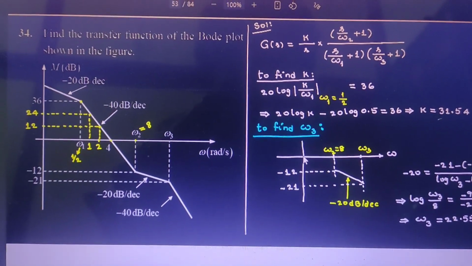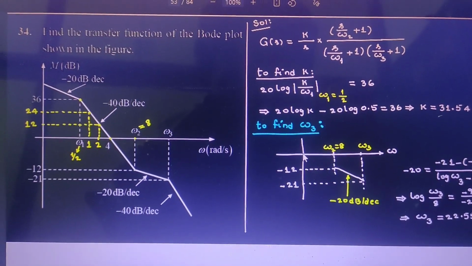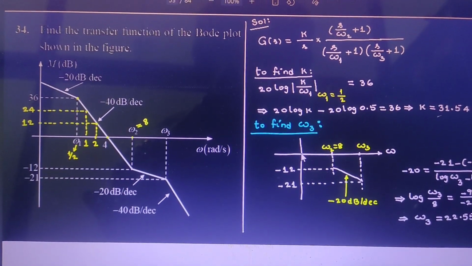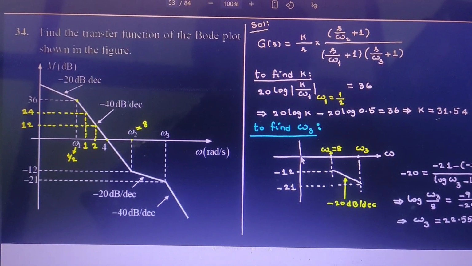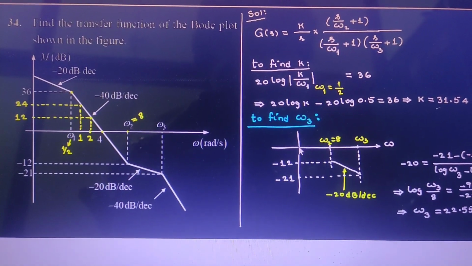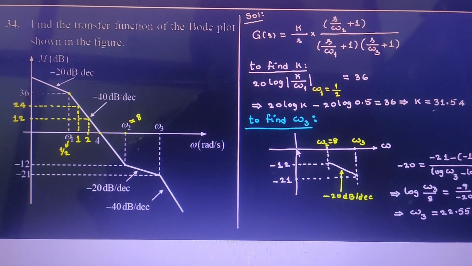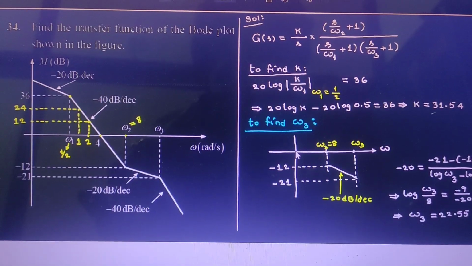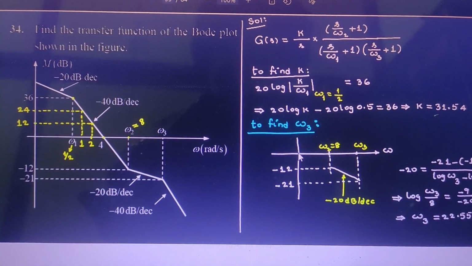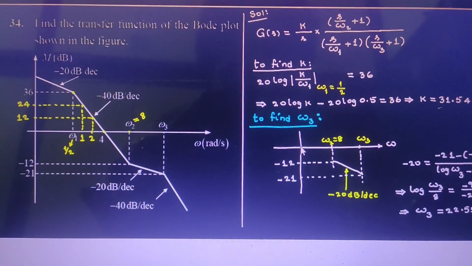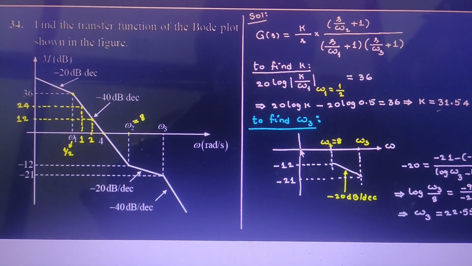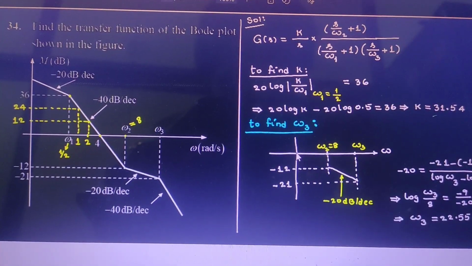36 minus 6, you will get 30 dB. It is an intermediate value. In an asymptotic Bode plot, we do not consider the intermediate values. So we will take another step, 30 minus 6 dB, that is 24 dB. Note this point, if there is minus 6 dB, multiply by 1.